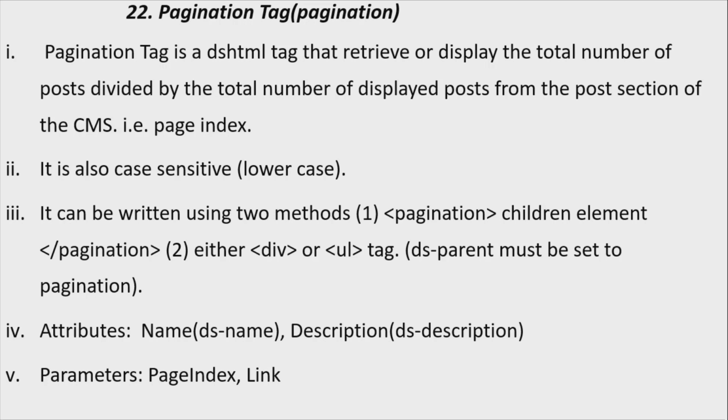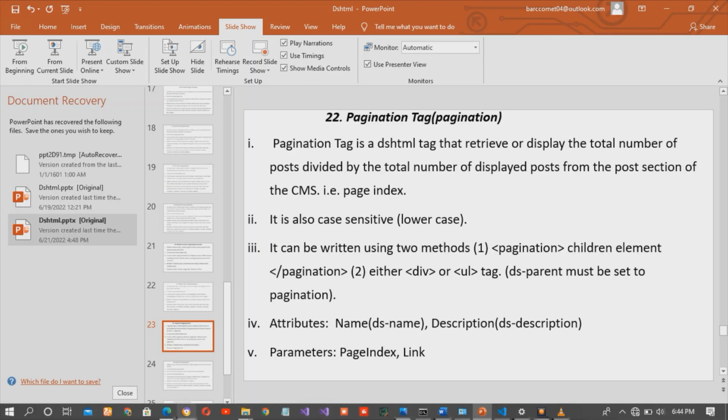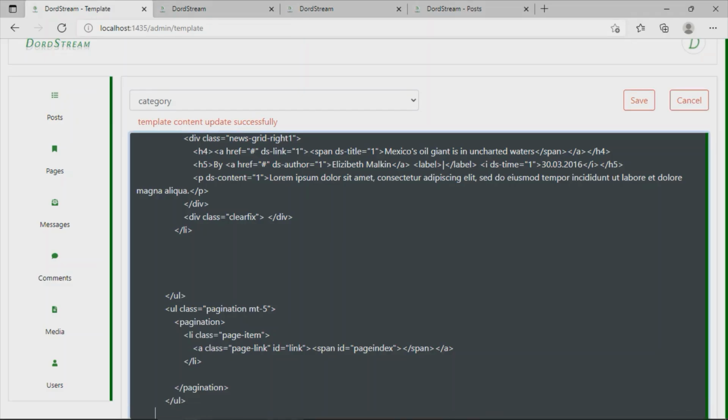And how does it calculate the pages? It calculates it from the total pages you have on the CMS with the displayed ones, and displays the total pages with links, so that you can navigate to the page you want, and you can also navigate to next or previous. That's the main use of the pagination tag.